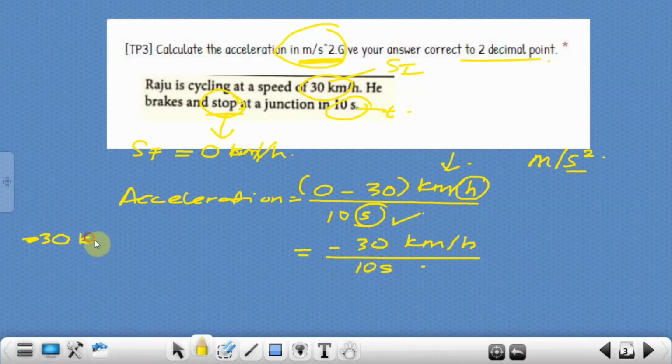30 kilometer per hour means per 1 hour, and we want to change it to meter per second.